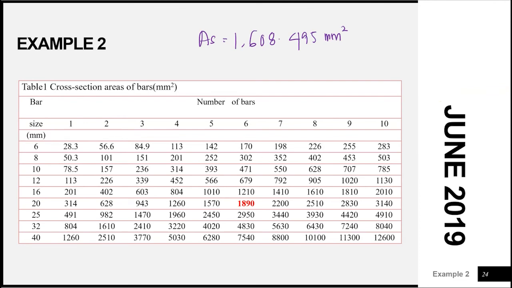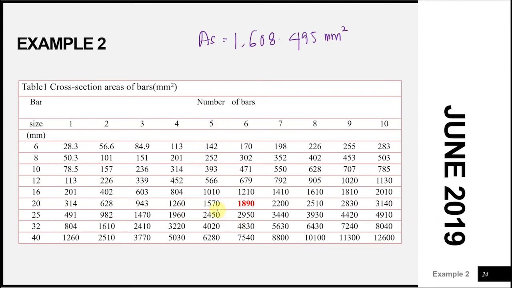Take note okay, I choose 6Y20. Okay, 1890 dekat sini. This is the nearest one. This one I tak boleh pilih 1960 tak boleh because this is 4Y25. 4 numbers because dia minimum adalah 5.